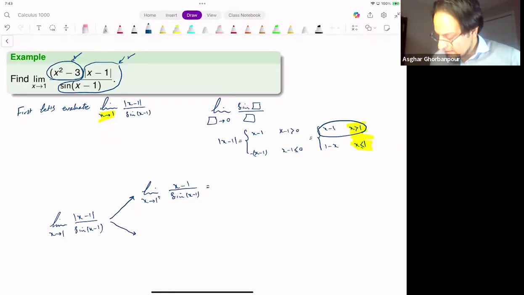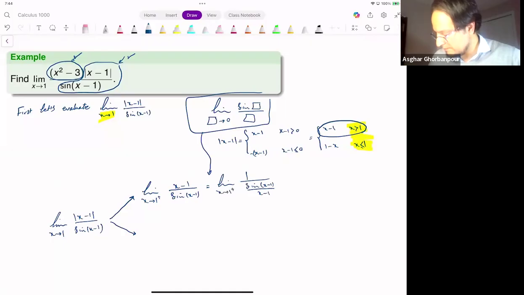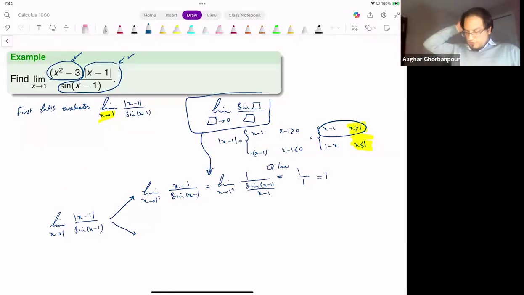In that case, the limit is 1 over the sine of x minus 1 over x minus 1, as x goes to 1 from the positive side. That is equal to 1 over 1. This is the quotient law. So as x approaches 1 from the right, the limit is 1.